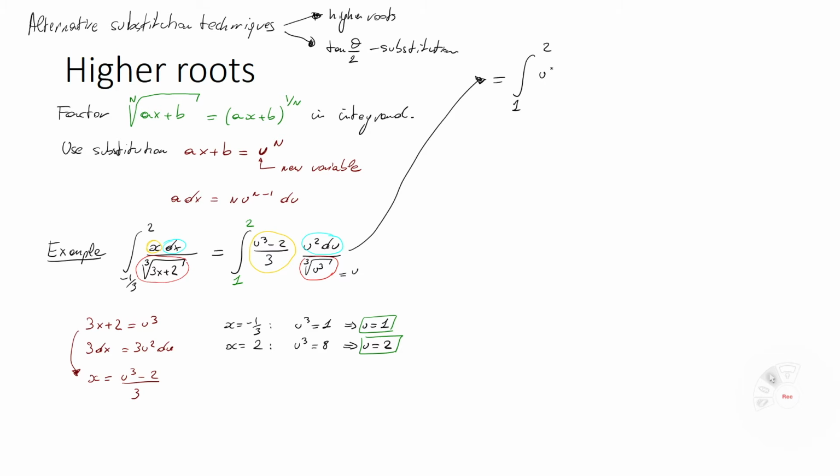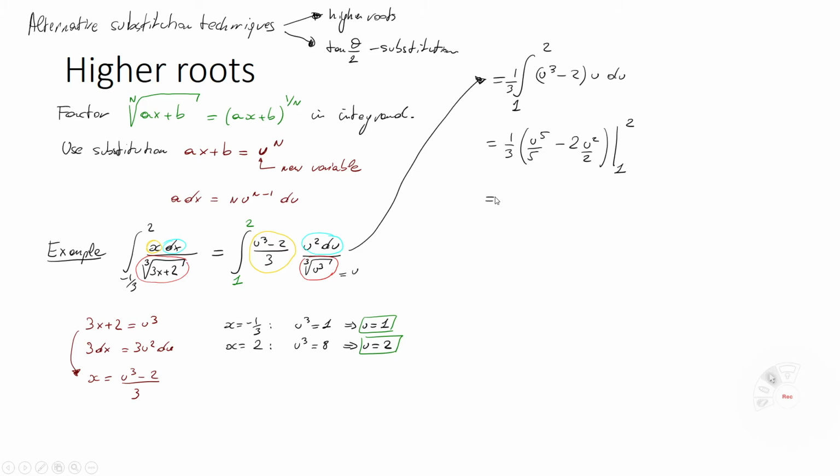So we are left with 1/3 times the integral of u to the power 3 minus 2 times u du. And we can integrate that to give us u to the power 5 divided by 5 minus 2 times u squared divided by 2. And we have to evaluate that at the bounds 1 and 2.